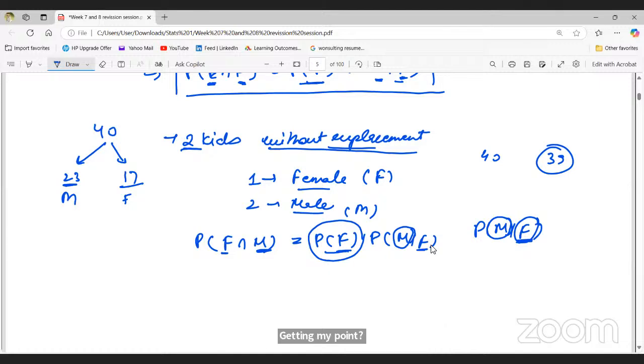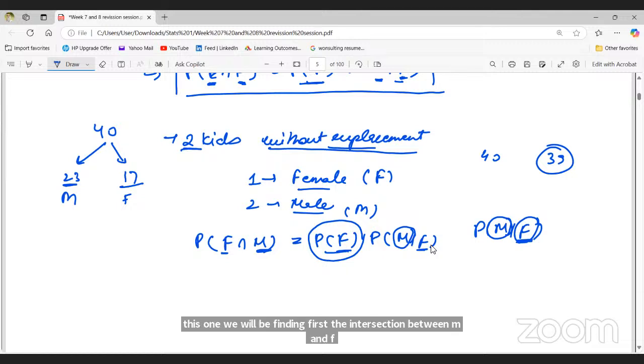Ma'am, I have a doubt. Is F intersection M equal to M intersection F? Yeah, this is fine. Then in this one we will be finding first the intersection between M and F, and that should be 0, I think.